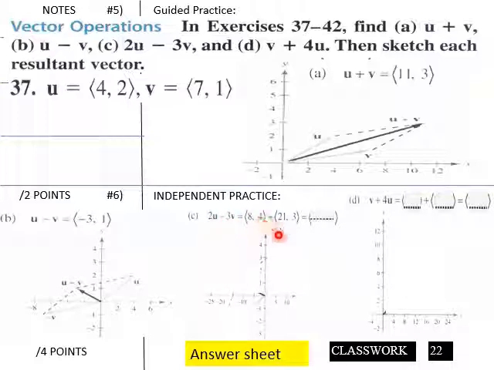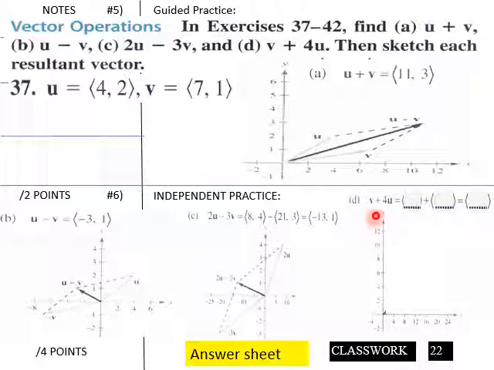That would equal negative 13, 1 for that one. Here's u minus v back here. u minus v would be negative 3, 1. So negative 13, and then 1 would be right here, on this grid here. This is 2u, and then this is negative 3v here. And then you come back together here for your solution at negative 13, and then 1.